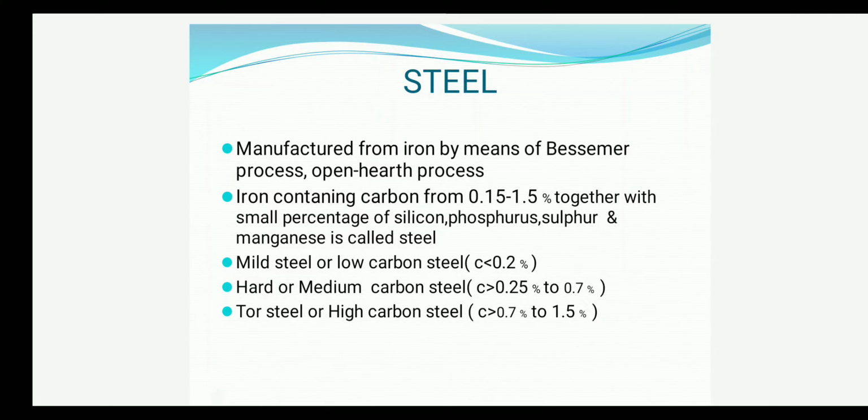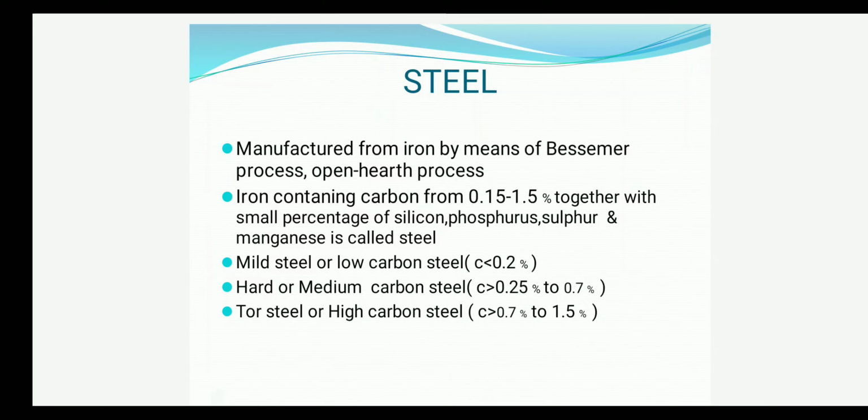So according to the percentage of carbon, the grades of steel are mainly classified into three types. The first one is mild steel, which is called low carbon steel because the percentage of carbon in this type of steel is less than 0.2%. The second type is called hard steel or medium carbon steel.